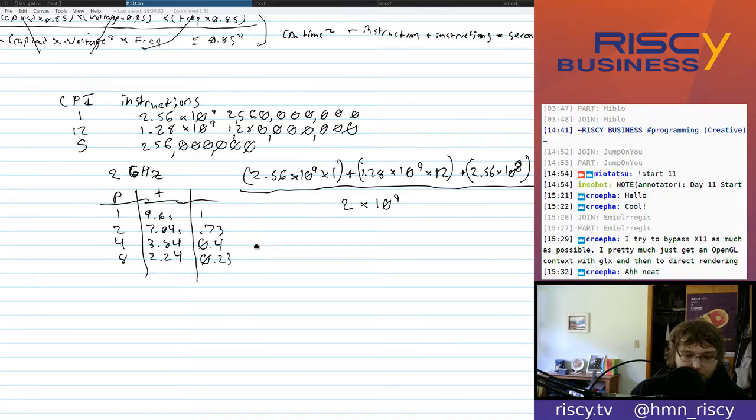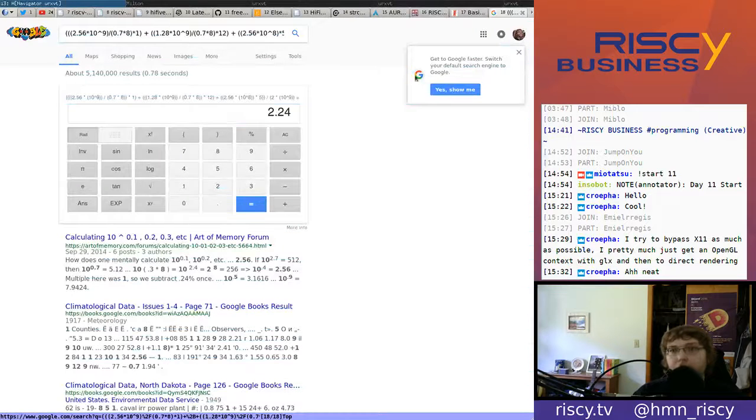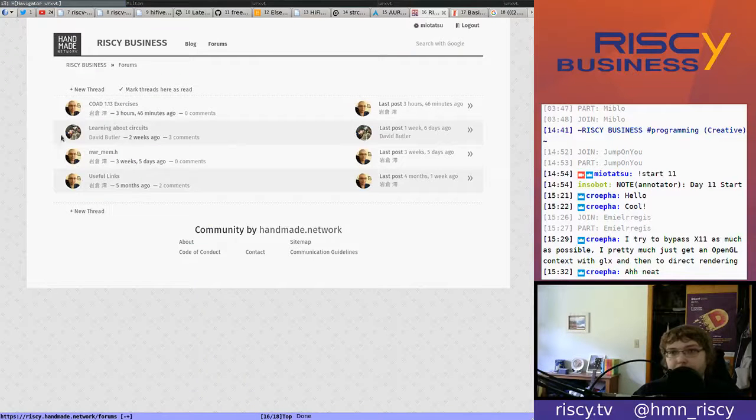So I think we finished 1.9.1, find the total execution time for 1, 2, 4, and 8 processors and show the relative speedup. So, like I say, those are my answers. I might be wrong, but again, I'll shout out: I have a thread on the forums, COAD 1.13 exercises.